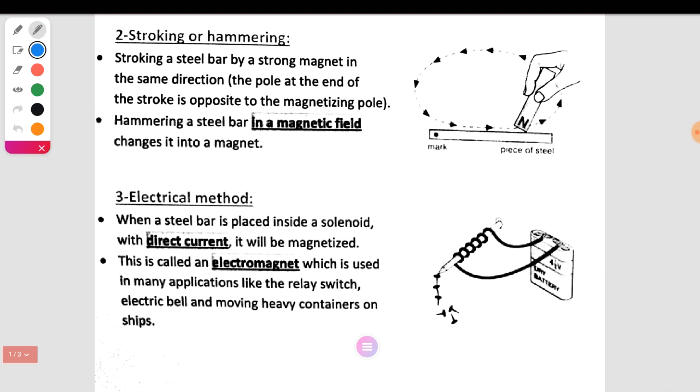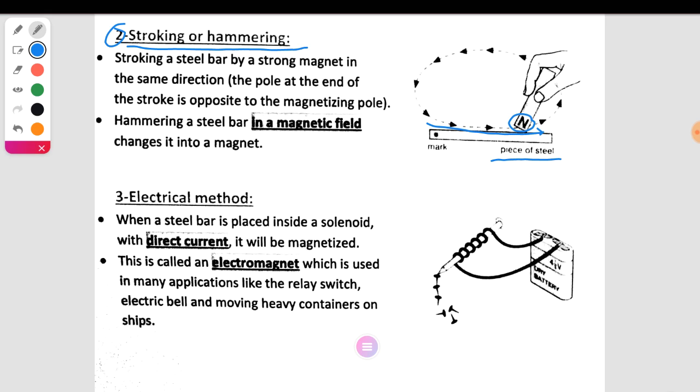The second method which can be used to magnetize is called stroking or hammering. This is the north pole of the magnet. Move it in one direction on the piece of steel.